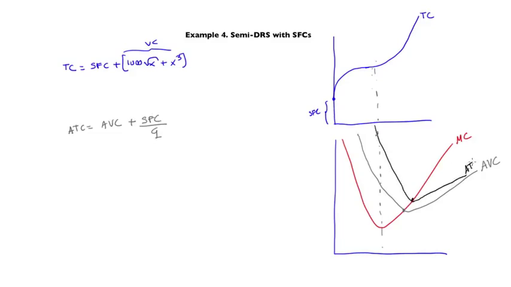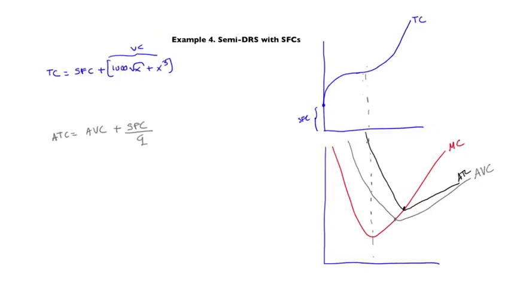And here it approaches asymptotically. Now, as before, notice that I have been very deliberate in drawing the intersection of the average total cost curve with the marginal cost curve at its minimum, and the same for the average variable cost curve. And I will again explain in the next slide why that is the case.